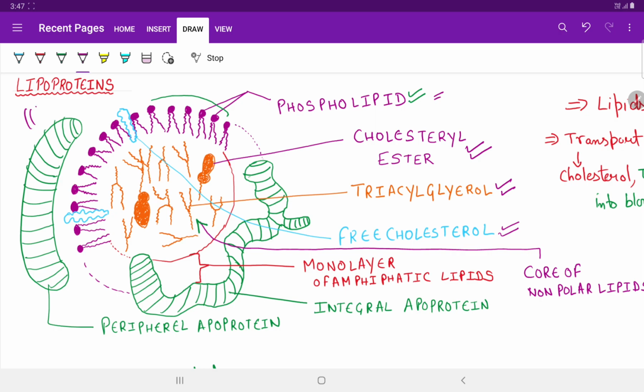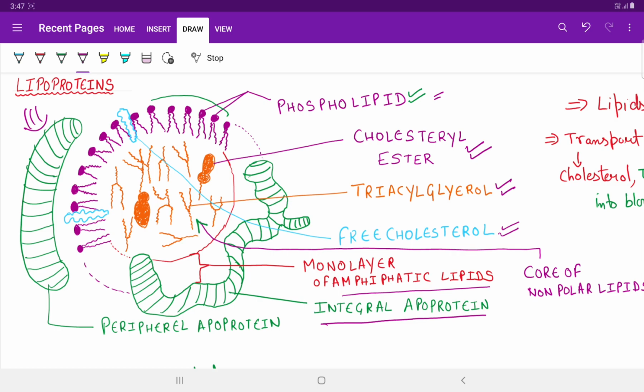This outer protein part is known as peripheral apoprotein, whereas this embedded protein is known as integral apoprotein. This is embedded into the monolayer of amphipathic lipids.